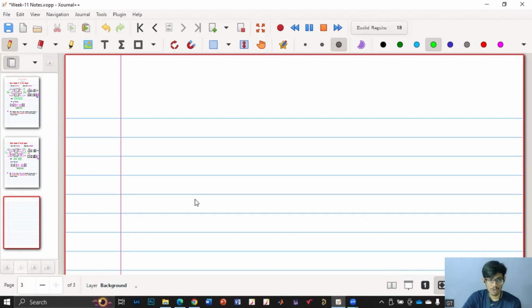So what happens when two-port networks are connected in cascade? Cascaded means the output of port one is the input of port two. So let me just quickly draw. You have cascaded two-port network.